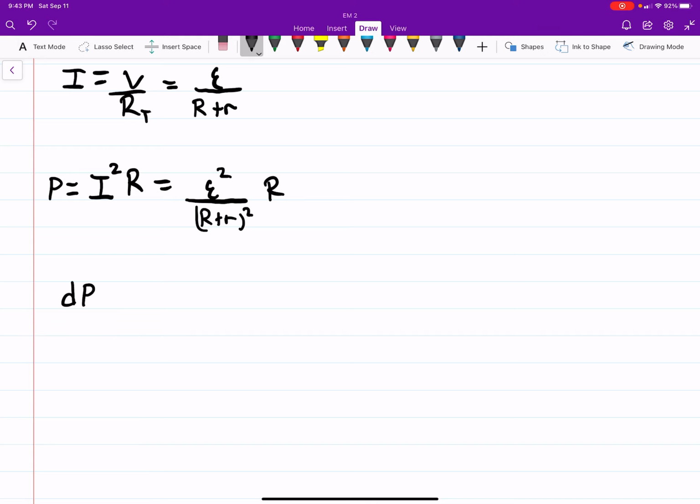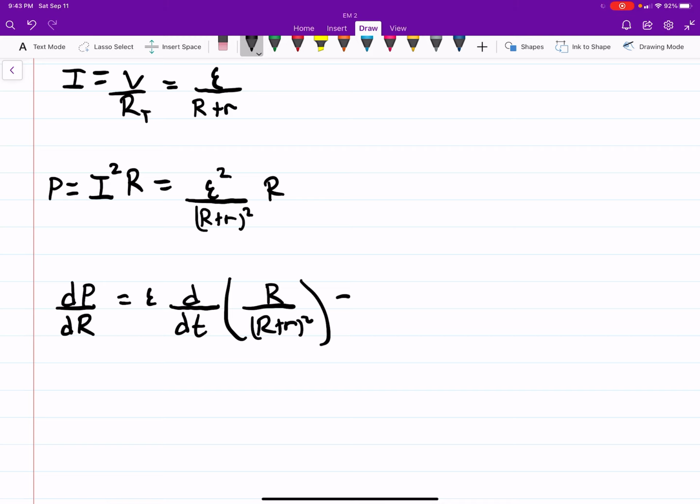So the derivative of power with respect to R is equal to epsilon squared, that's just a constant, d by dR of big R over big R plus little r squared. We want to find where that's equal to 0.